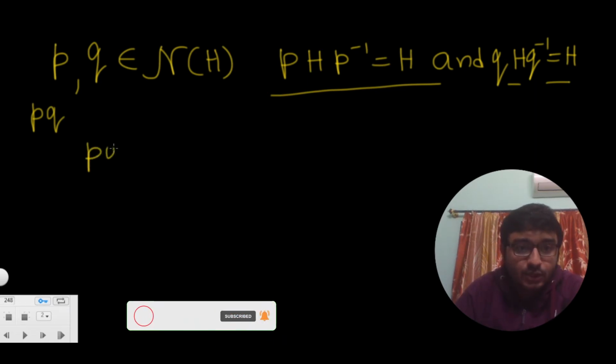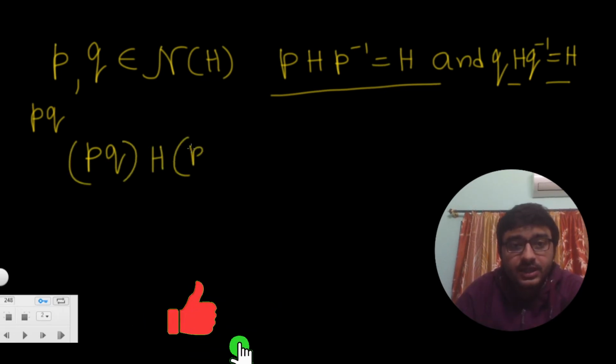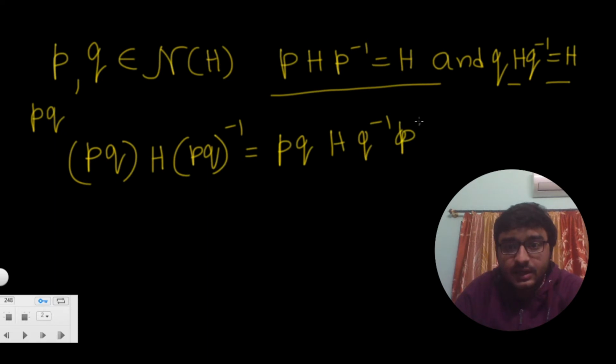So we need to show that pq H (pq) inverse is equal to H. How will we show that? It is pq H q inverse p inverse, just rewriting this part.